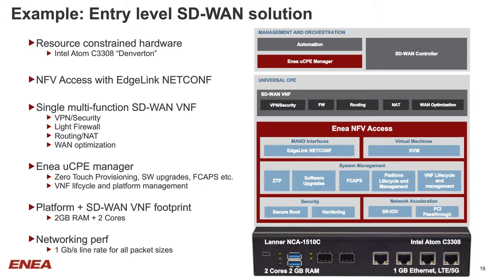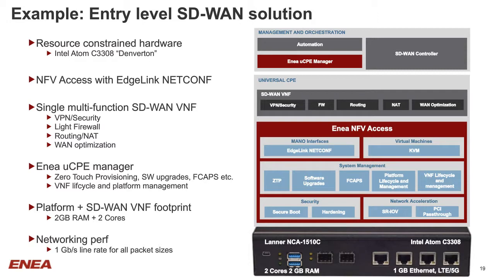On the platform side, NFV Access and the SD-WAN VNF, if you look at the footprint, memory-wise and core-wise, this combination takes up to 2 gigs of RAM and 2 cores. And that hits a price point on the market which is significantly lower than some other solutions we've seen.